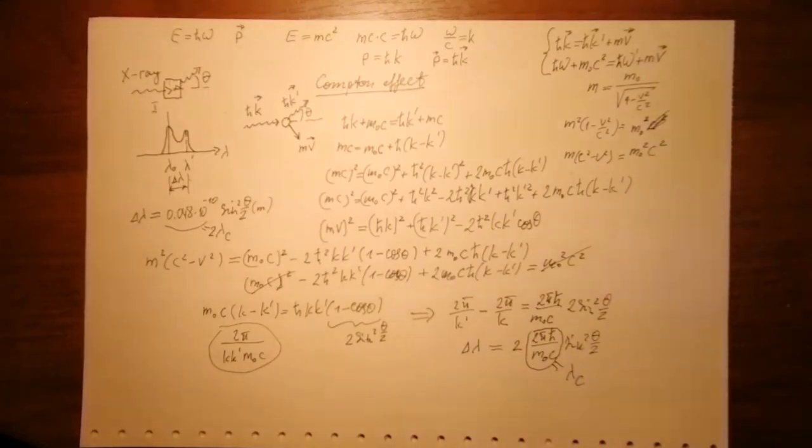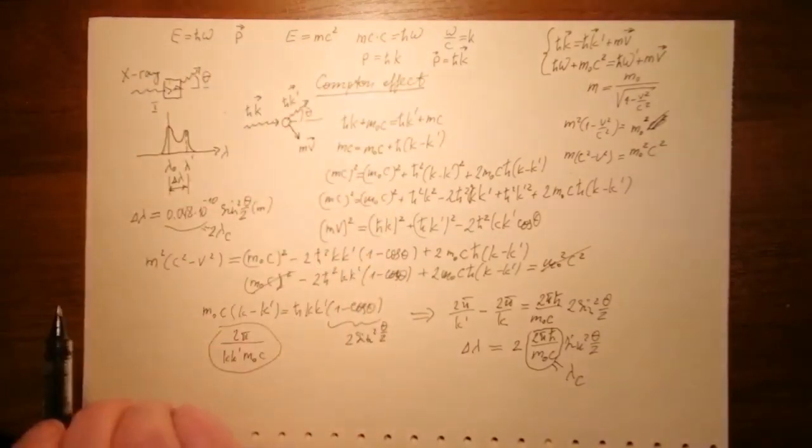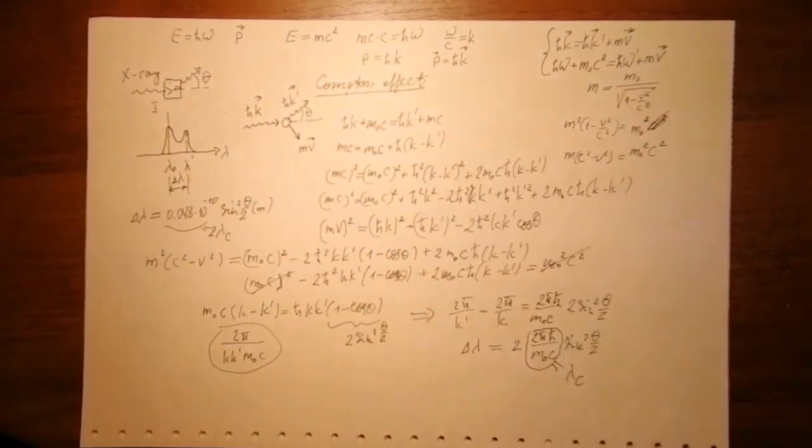So we formulate it as follows: a photon is a physical object which is related to electromagnetic radiation, and which in any interaction of radiation with a substance acts always as a whole, characterized by energy E equal to h omega and momentum p equal to hk.